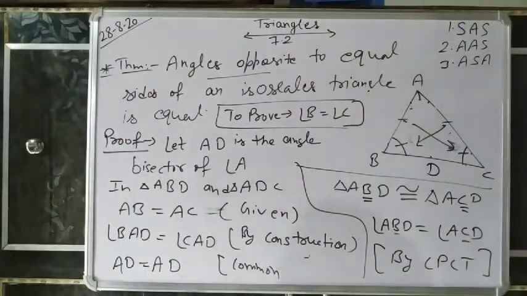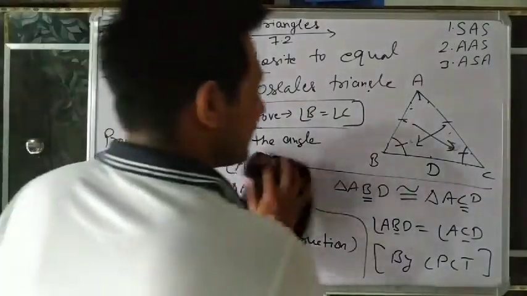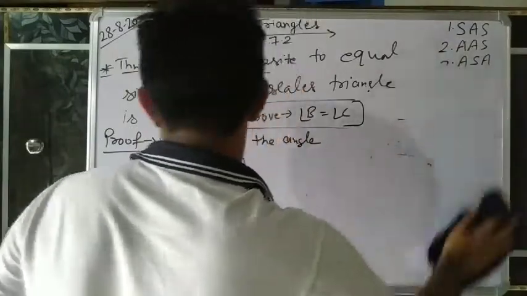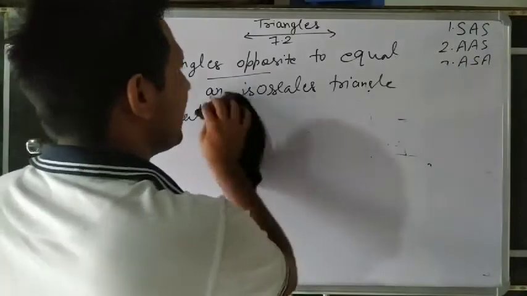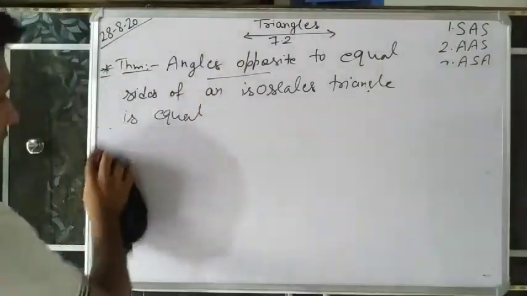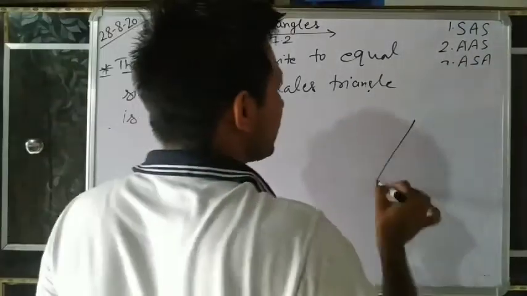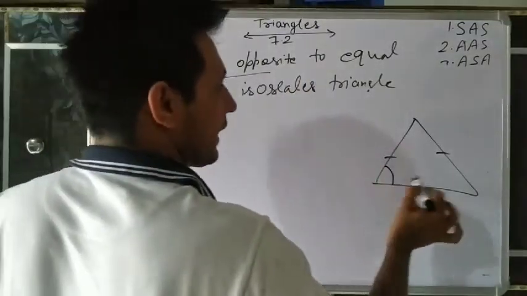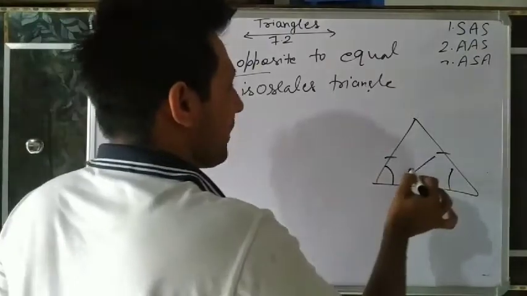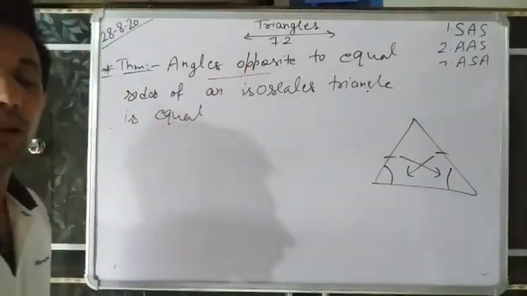Understand it? Next is the second result, the opposite of this one. Here it is given that two sides are equal, then opposite angles are also equal.